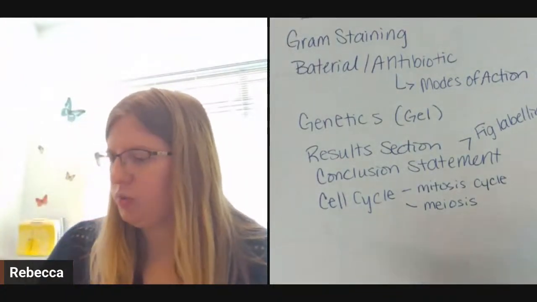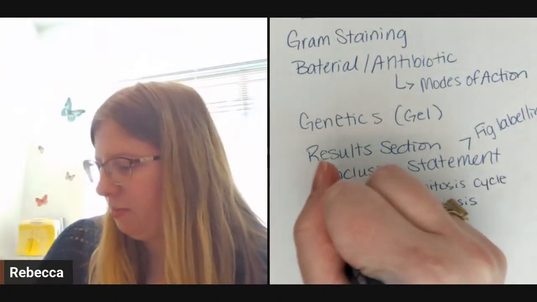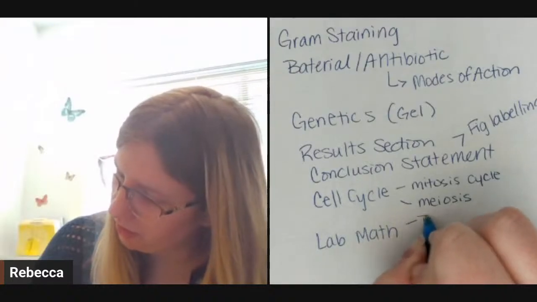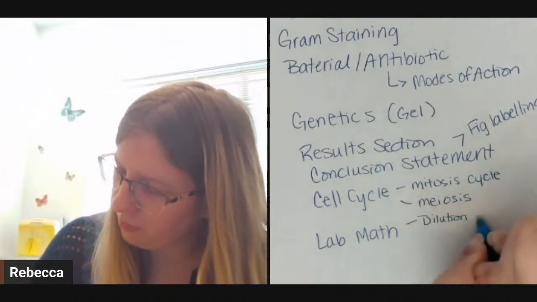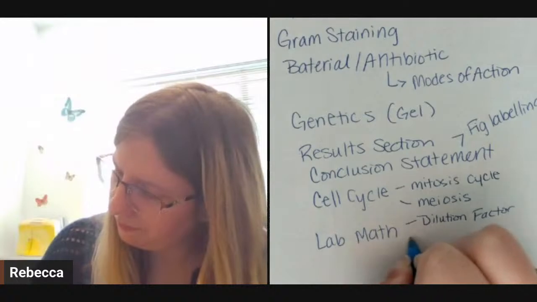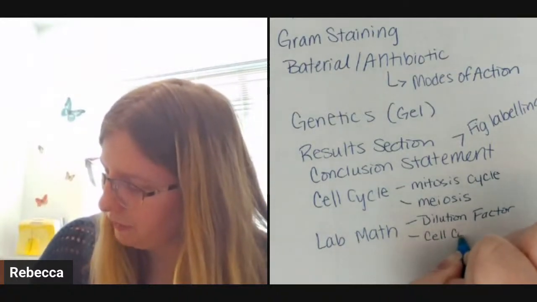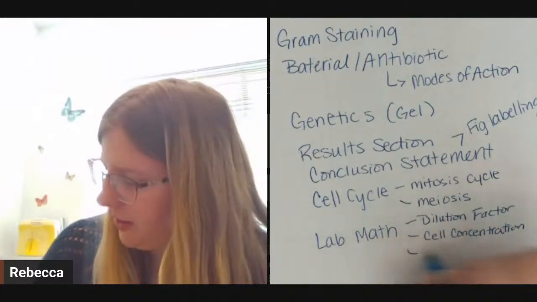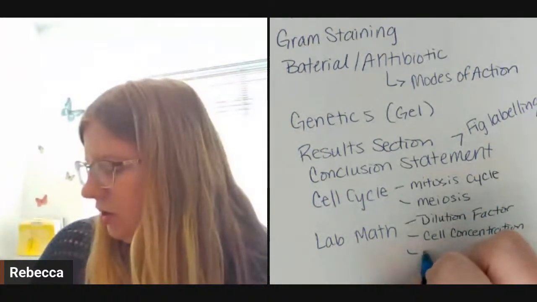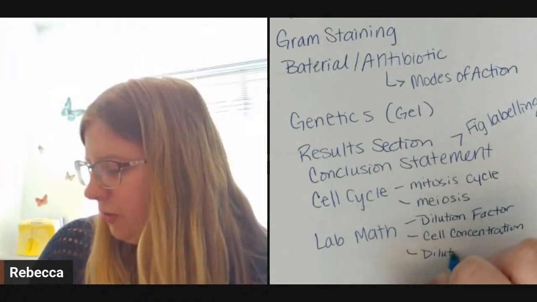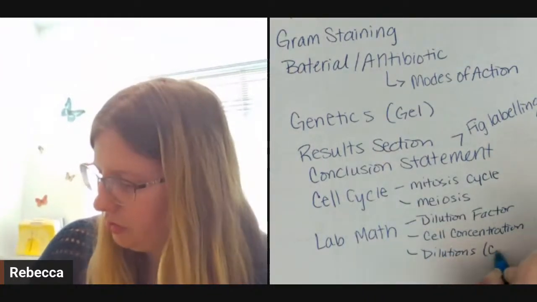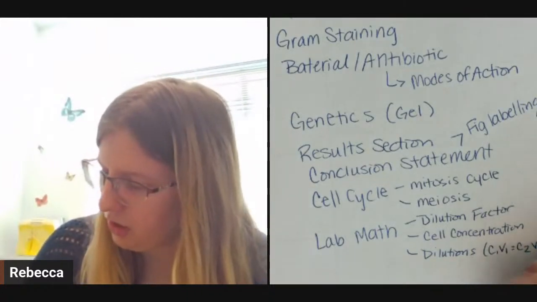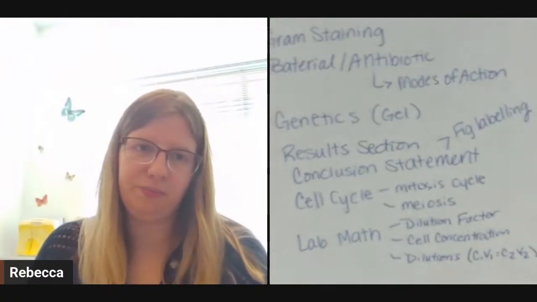And then, of course, we have our math. So we have our lab math, which this semester was a dilution factor, cell concentration, and then just determining dilutions overall, which we use that C1V1 equals C2V2 equation for.